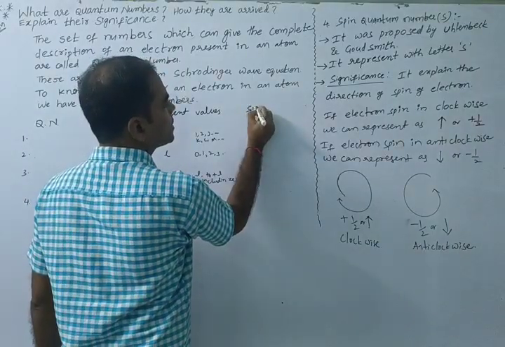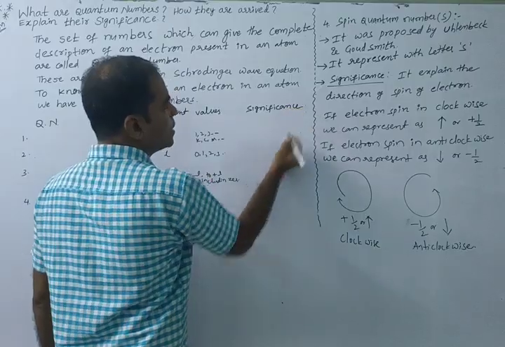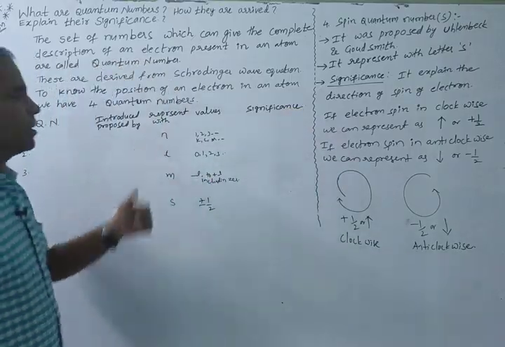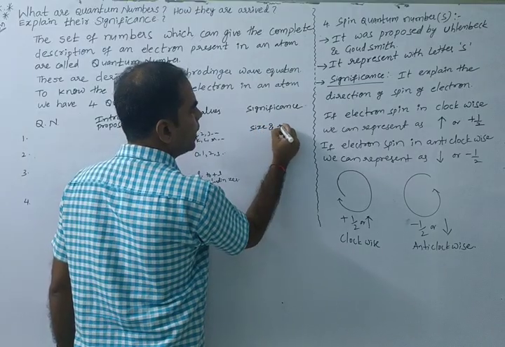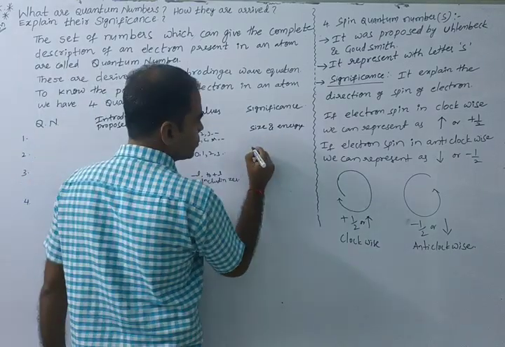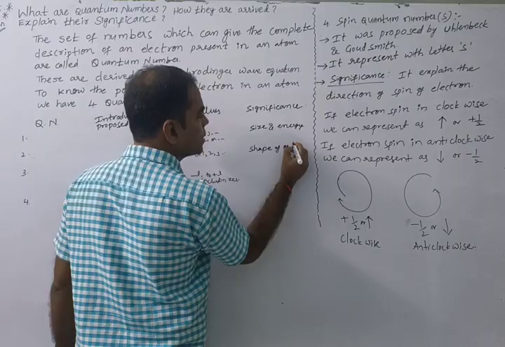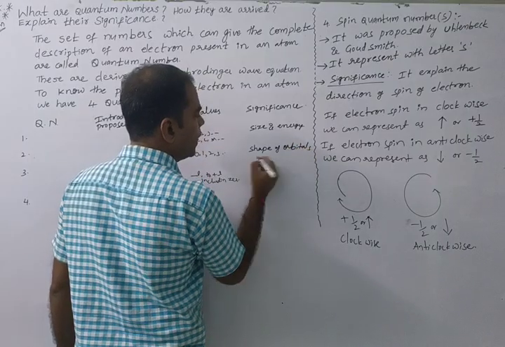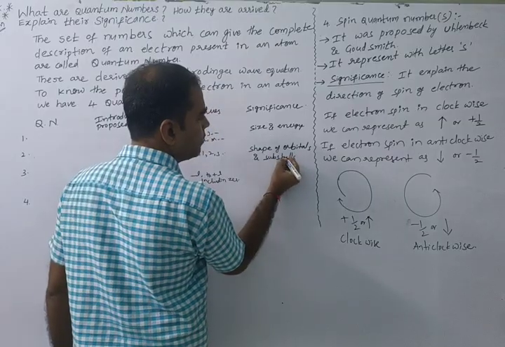And the significance. Principal quantum number mainly explains the size and energy. Angular momentum quantum number explains the shape of orbitals and the subshells present in the main shell.